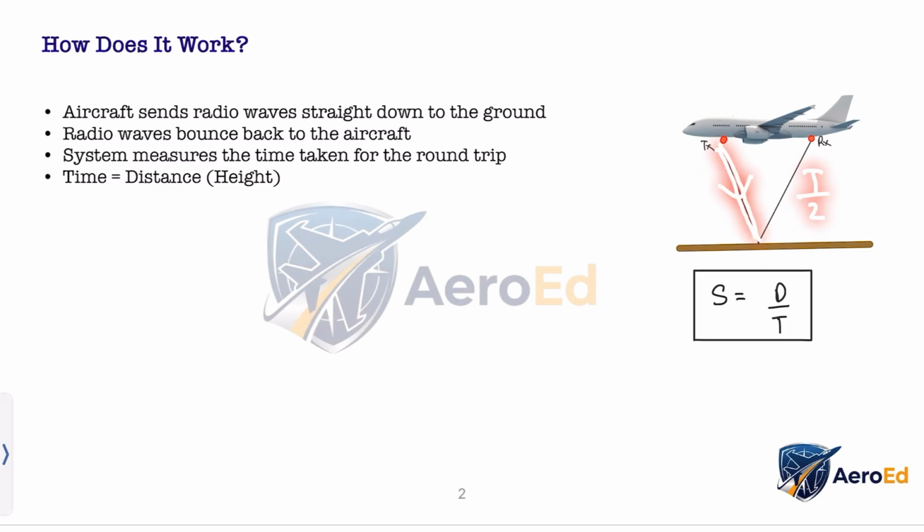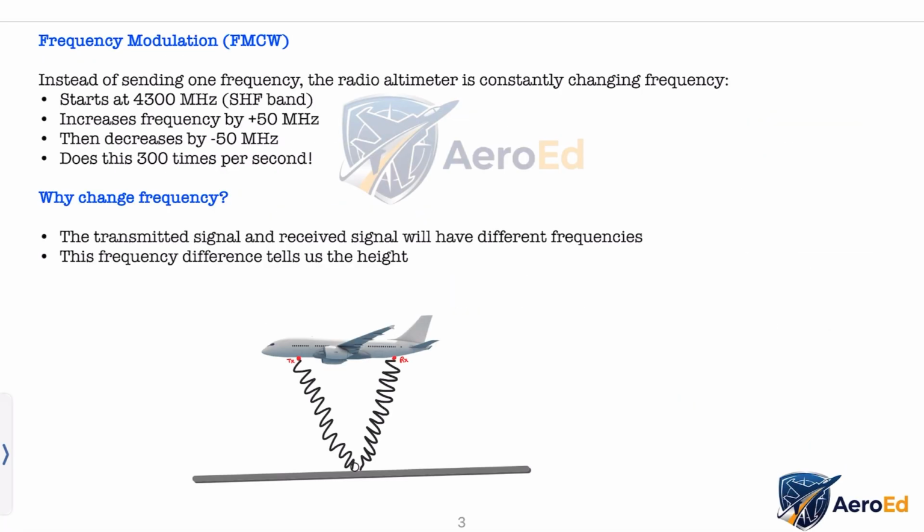And we also know the formula, speed equals distance divided by time. We already know the speed: the speed of radio waves is the speed of light. And we also know the time, because the system measures it. So from there we can get the distance. And what is the distance? The distance is actually the height above the ground. So now we know how the radio altimeter works.